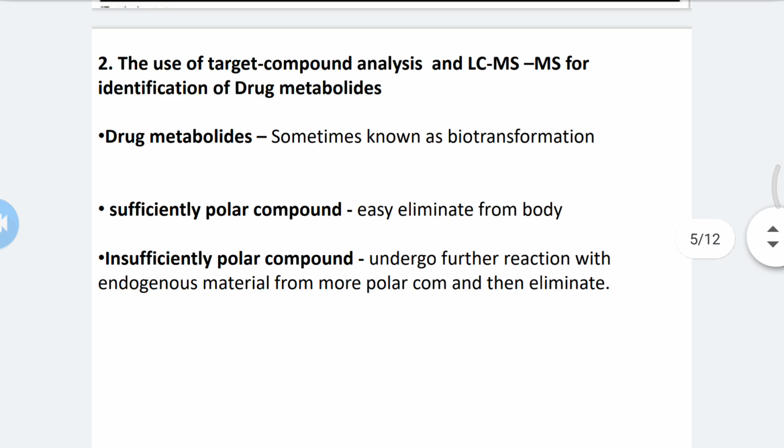There are 2 types of compounds present in a drug, sufficiently polar compounds and insufficiently polar compounds. Sufficiently polar compounds are easily eliminated from the body.